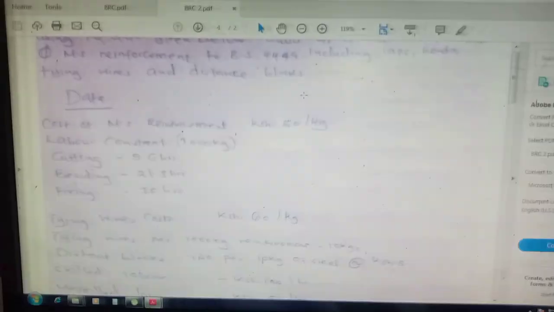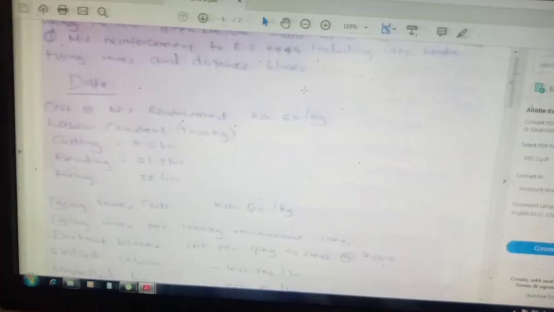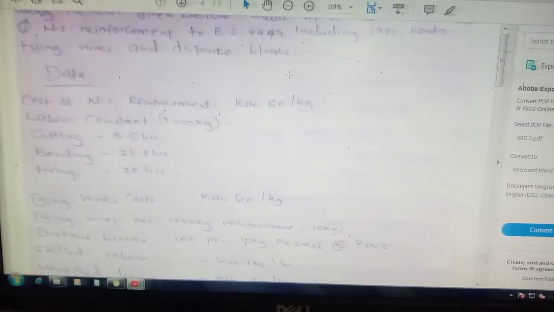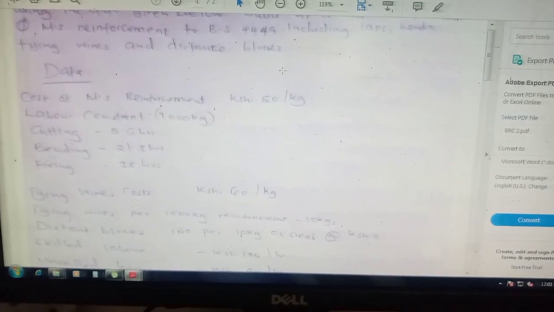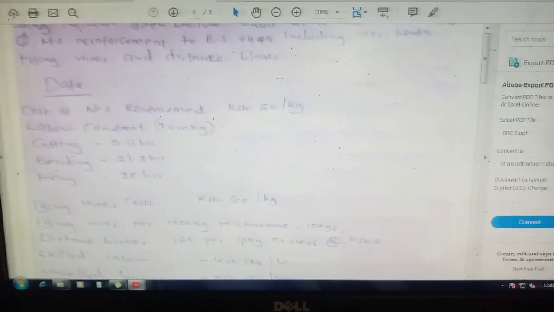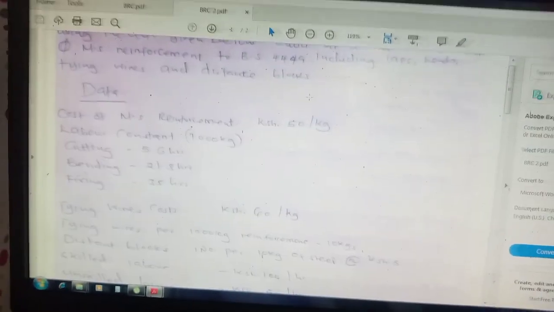Then the next thing you'll fix it. As you fix it, you tie it. That act of tying it is the fixing, you tie it, then you fix it to the required position. So we were told that cutting will take 5.6 hours for 1,000 kg of mild steel reinforcement bar.